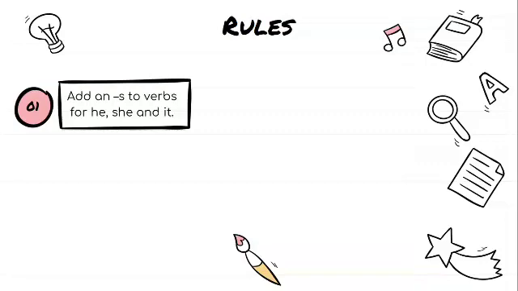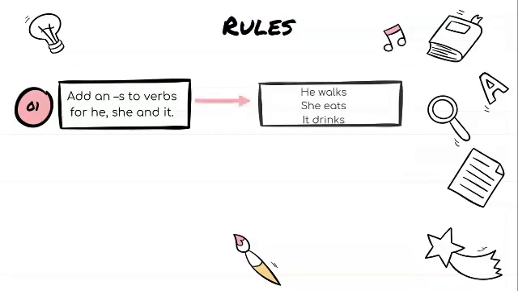Okay, so here we have one rule. Tenemos una regla aquí que nos dice that we have to add an S to the verbs for he, she, and it. So we're going to see an example. And here we have he walks, she eats, it drinks.